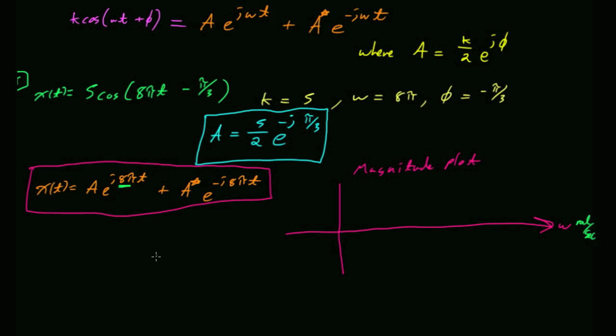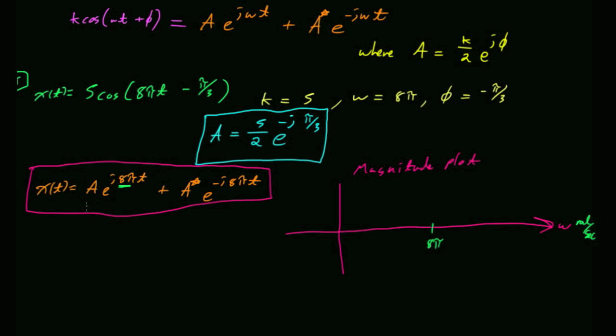Okay, so I'm going to come over here to a frequency of 8 pi. And what's the magnitude of A? At a frequency of 8 pi, A tells me how much of it I have. If A is a small number, then I don't have a whole lot of 8 pi.